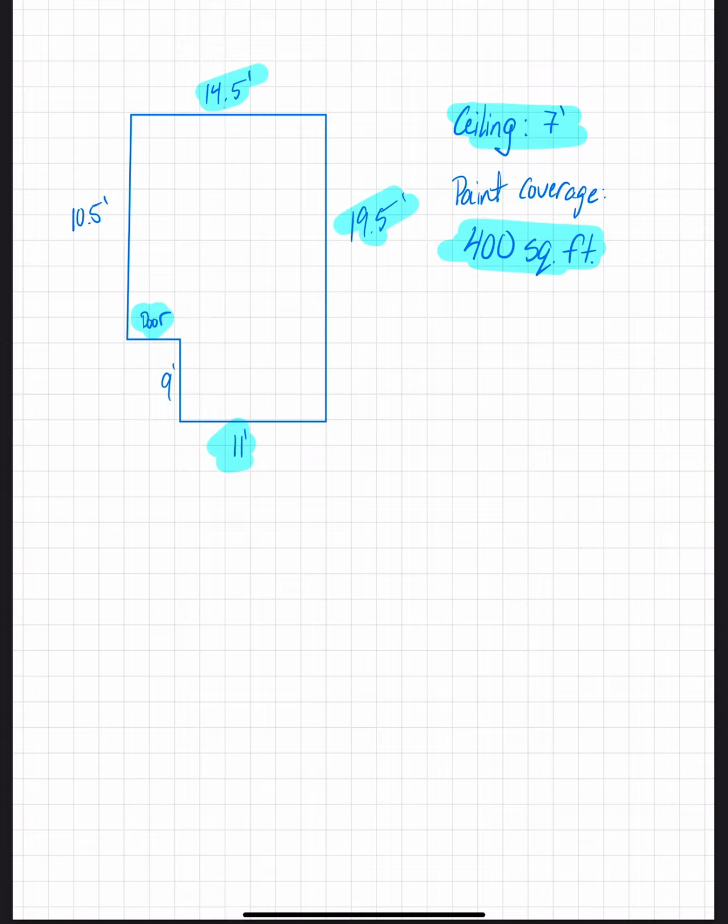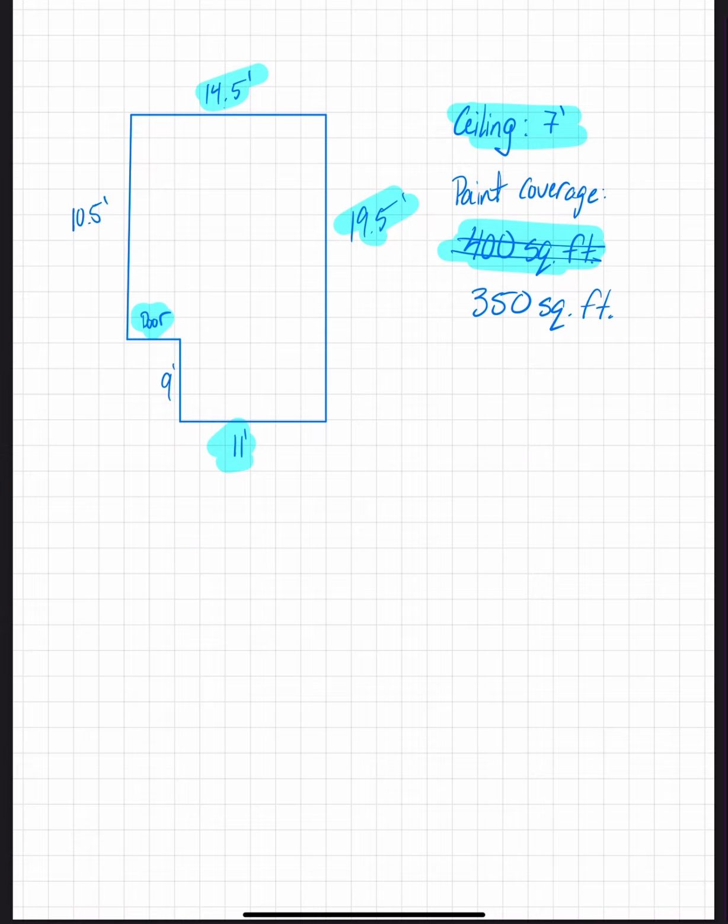Now, my measurements are not precise, all right? I kind of took it to the nearest half. Some of these are going to be a little bit longer, maybe a little bit shorter than I actually did them. To compensate for that in my calculations, instead of saying that this paint is going to cover 400 square feet, I'm just going to go on the safe side and say that each gallon is only going to cover 350 square feet.